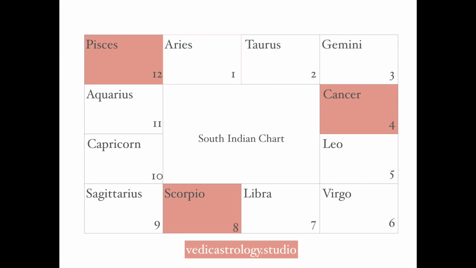So that would be an advanced analysis of a chart. Yes, that is possible. It depends how the planets are arranged in that chart, or if there are afflicted planets.